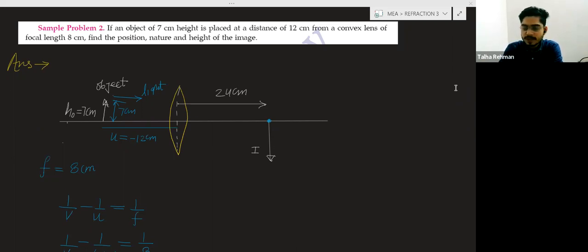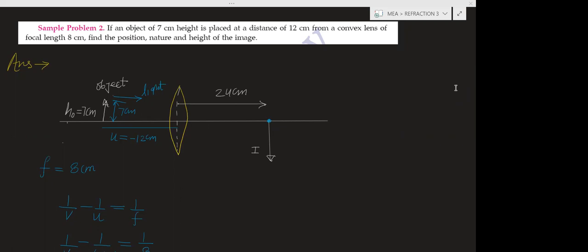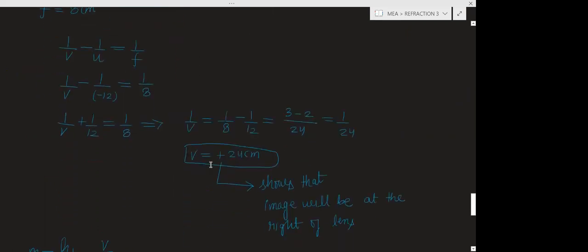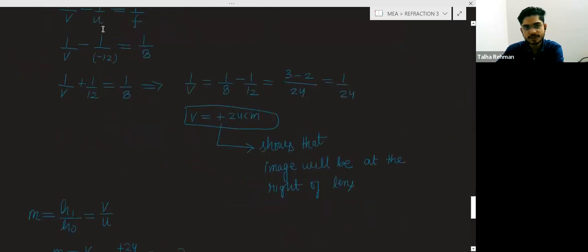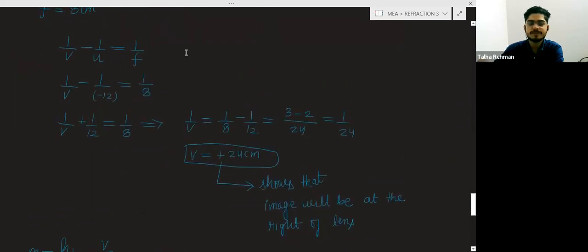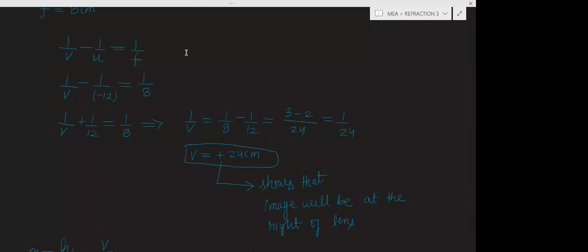When completed, you can ask me to scroll down. Yes, sir, you can scroll down. Focal length I have taken positive because this is a convex lens, and for a convex lens the focal length will be positive. Show the diagram.